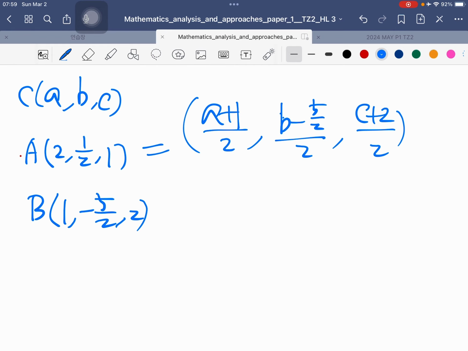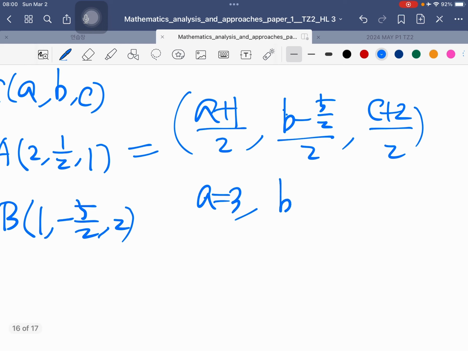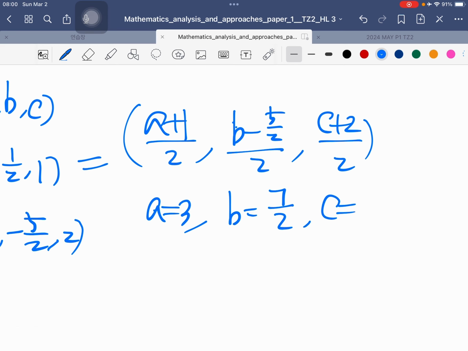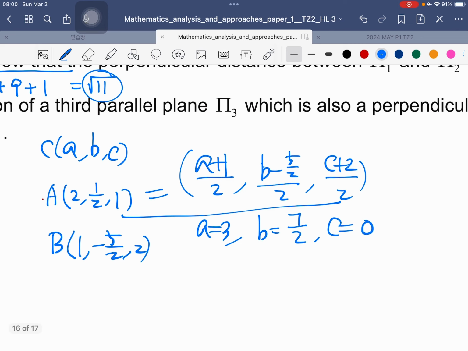Simplifying this gives us a is 4 minus 1, which is 3. b equals 2/2, which becomes 1... my negative 5 over 2 goes to the other side, so it will be 7 over 2. Right? And c is 2 minus 2, so c is 0. Okay, so coordinate C is given by 3, 7 over 2, 0.